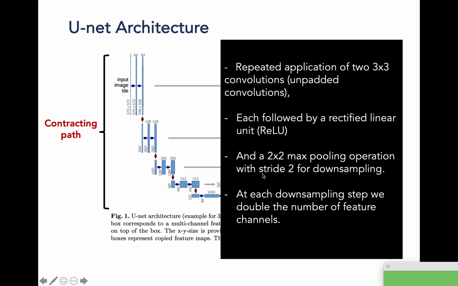Then we have a 2x2 pooling operation with a stride of 2 for downsampling, which you can see in the red arrow. 64 goes to 128, 128 goes to 256, 256 goes to 512. I'm talking about the number of channels here. So at each downsampling step, we have a doubling of the number of feature channels.